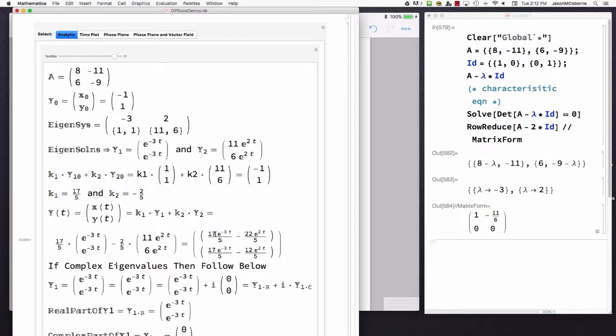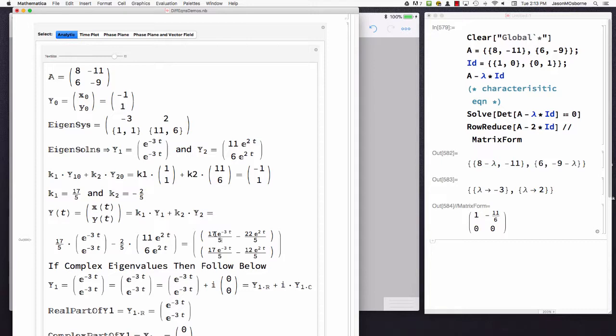Now remember, we had two straight line solutions, one with an eigenvector of 1, 1. Right? So there's one of your straight line solutions. And the other one went over 11, up 6. So you've got another straight line solution here. And if you notice the eigenvalues, one of them was negative for the y1 solution.